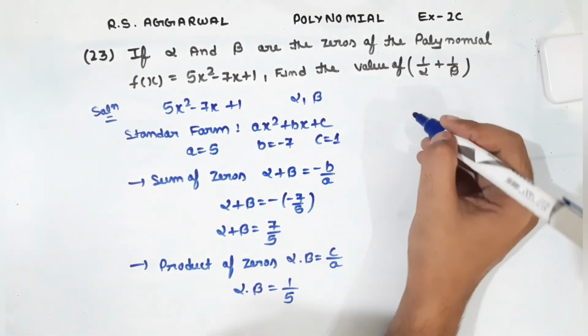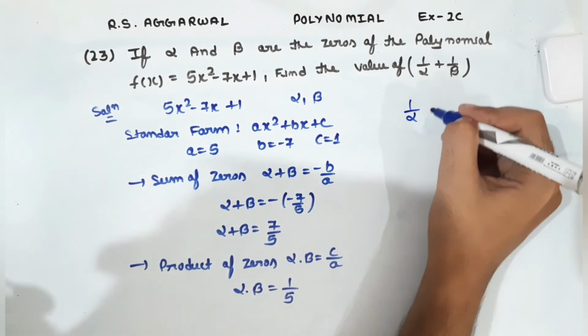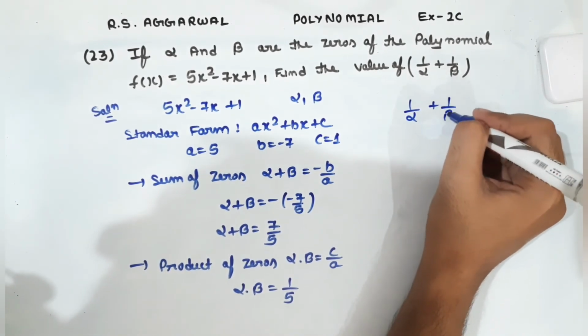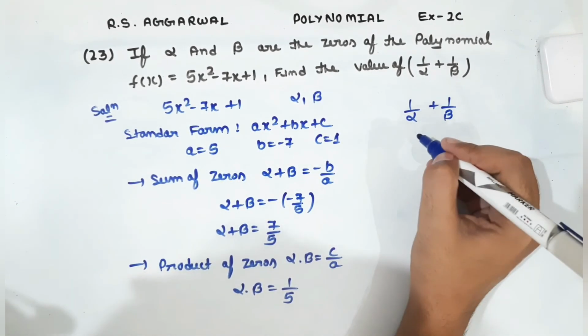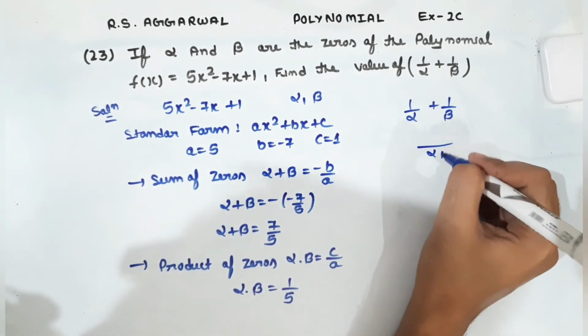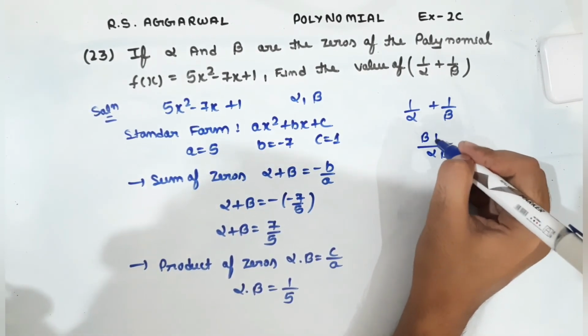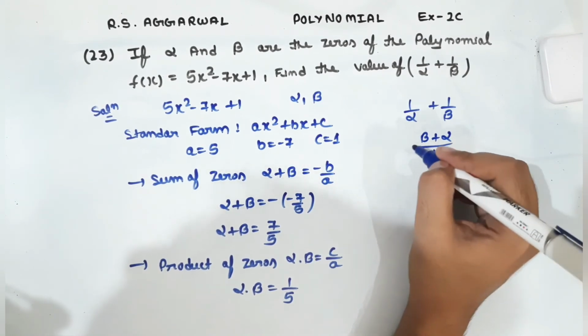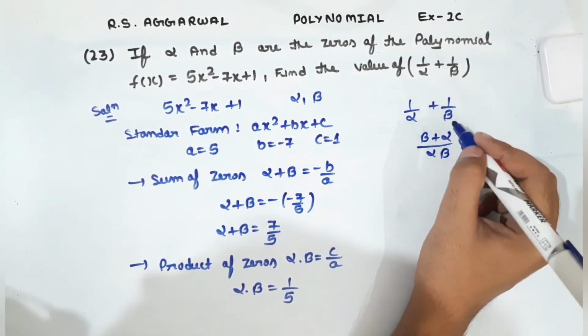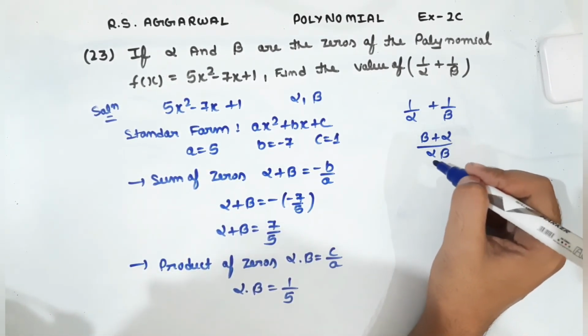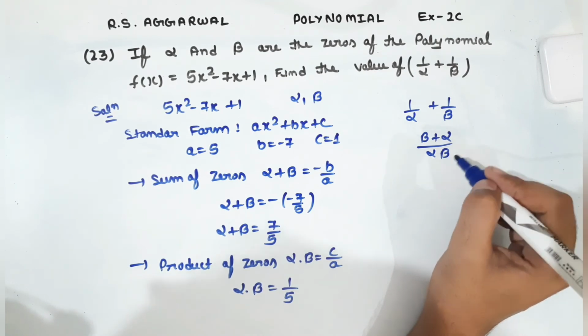Now we have to find the value of 1 upon alpha plus 1 upon beta. So 1 upon alpha plus 1 upon beta will be equal to, with alpha beta as the LCM, beta plus alpha upon alpha into beta.